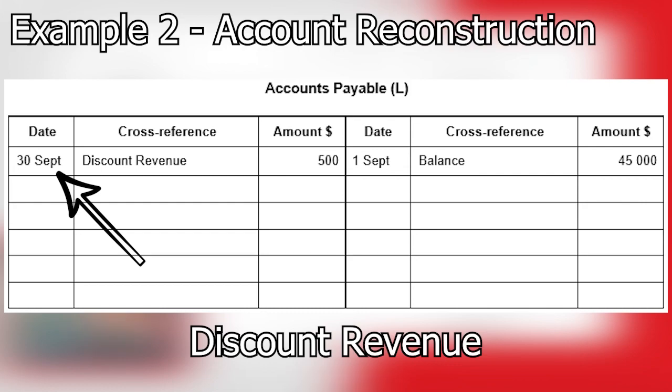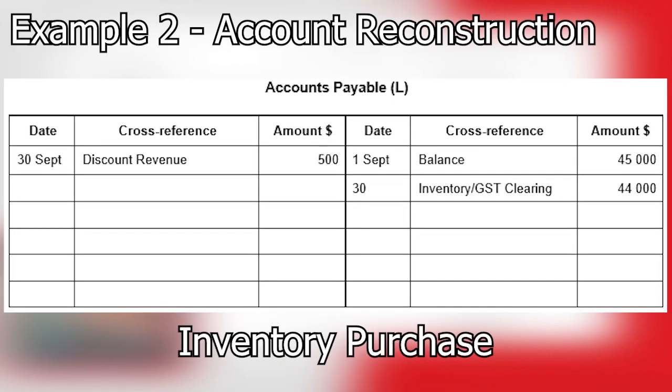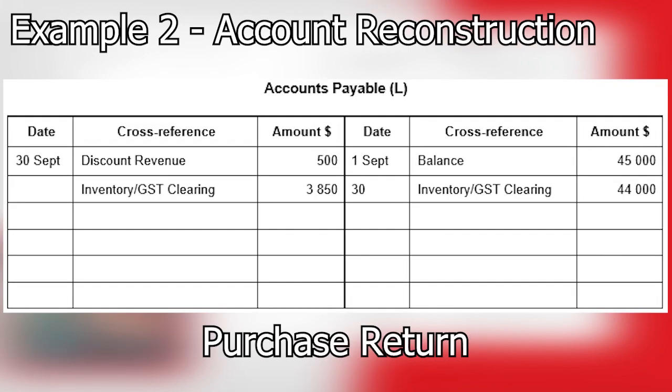You've then got purchased 40,000 plus GST. 40,000 plus GST will be 40,000 plus 4,000, which is 44,000. And that would go in the credit side because we're making it go up. We then see we've done a purchase return of 3,850. That will go on the debit side, and that is inventory / GST clearing 3,850.